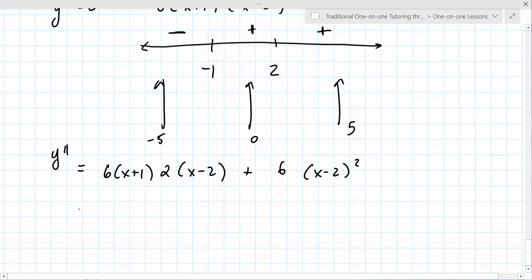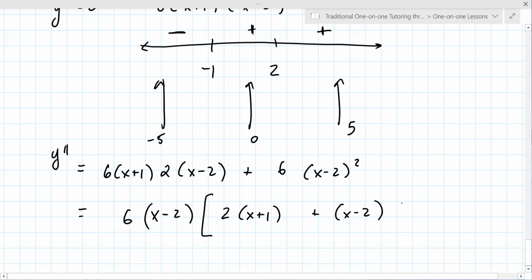And you want to factor out anything that's common. If you aren't good at this, you're going to get this on the exam, so just plan on it. So there's a 6 in both. There's an x minus 2 in both. Then what's left over is a 2 here and an x plus 1, and on the right, there's an x minus 2.